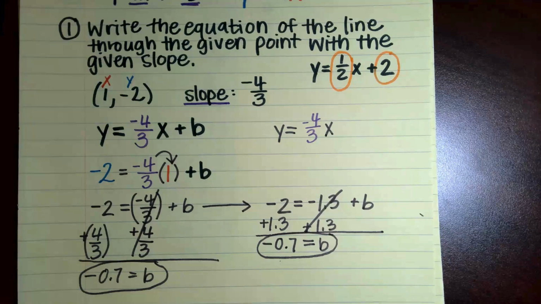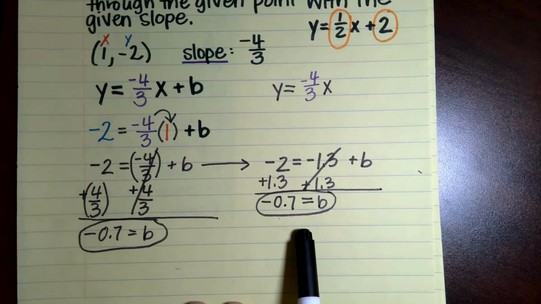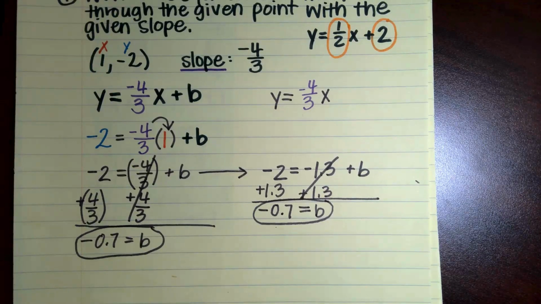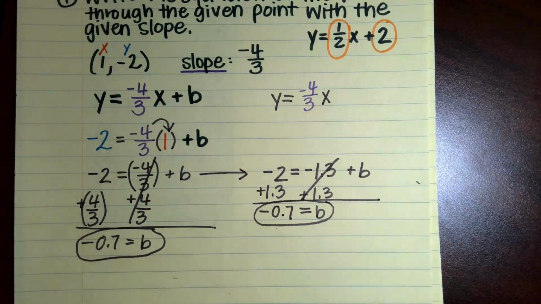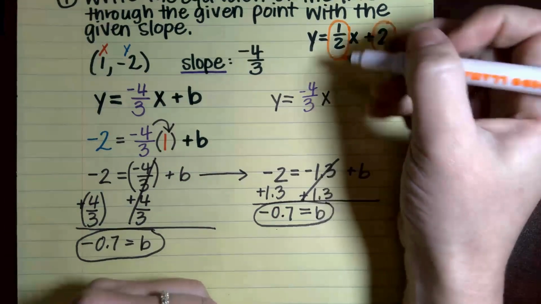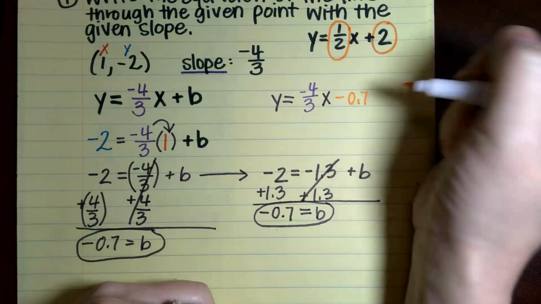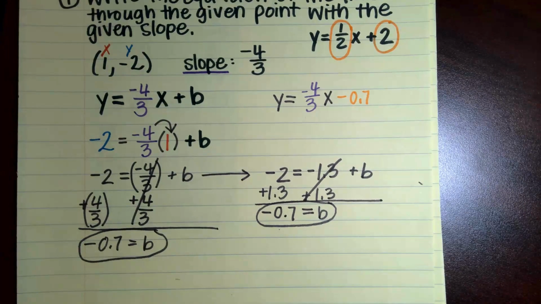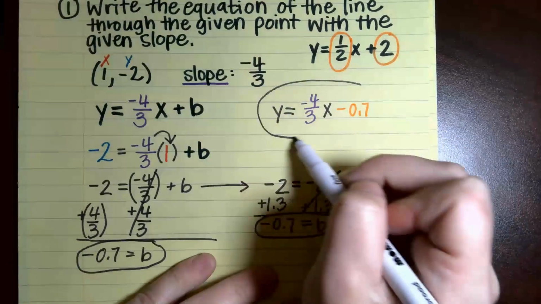And then what's our b? Negative 0.7. Yes, negative 0.7. Since it is a negative, we are going to write minus instead of plus. We'll say minus 0.7. And that is the equation of the line. Guys, we just wrote an equation. That's pretty nifty.